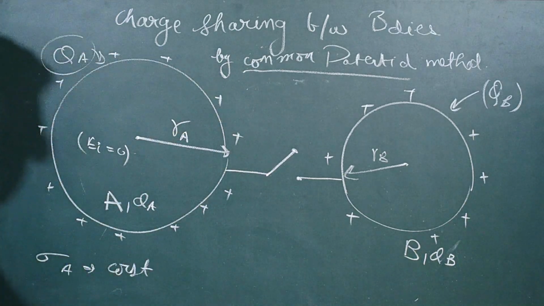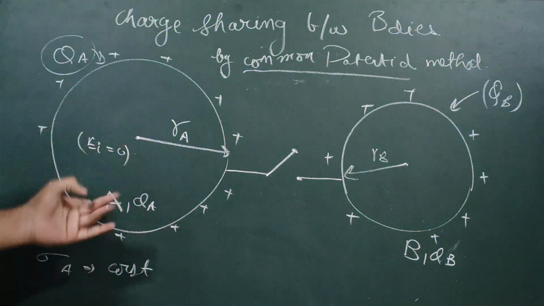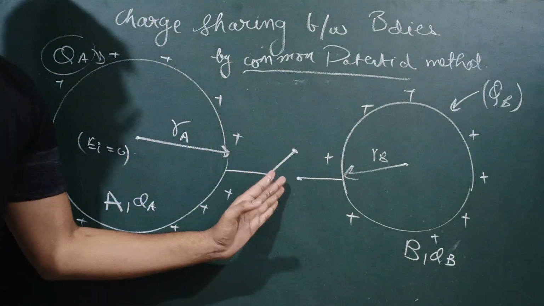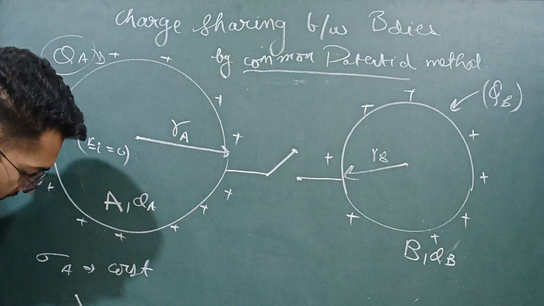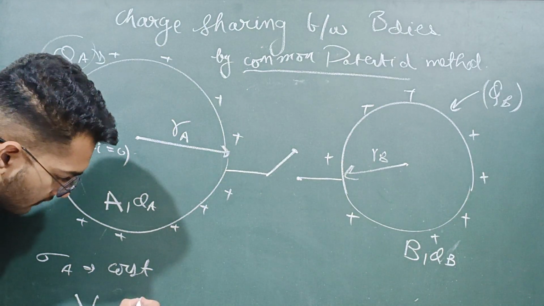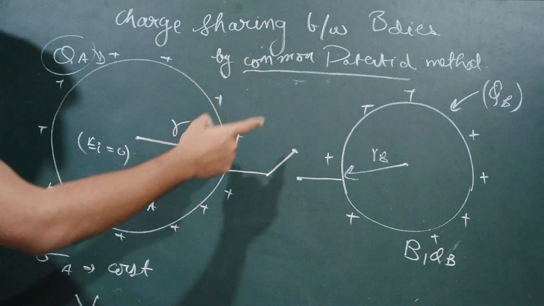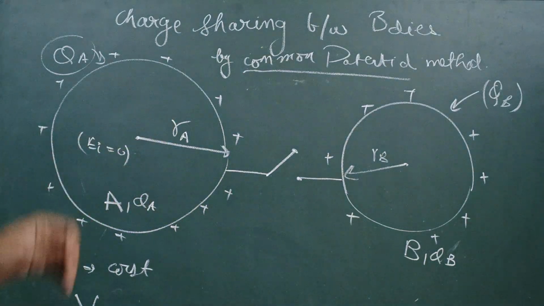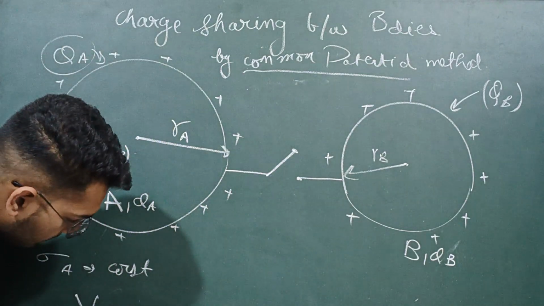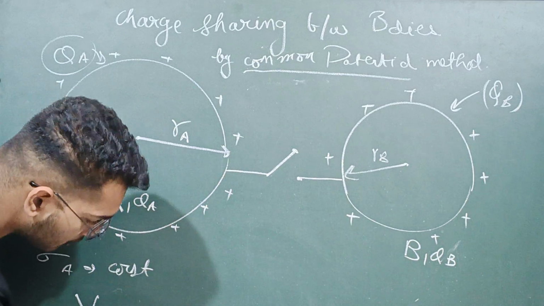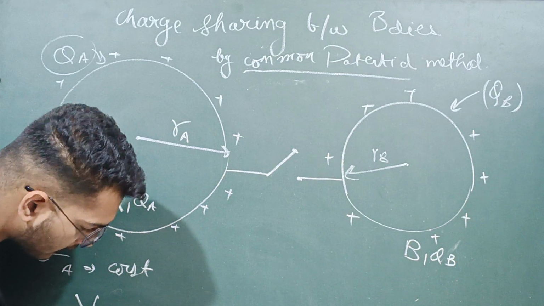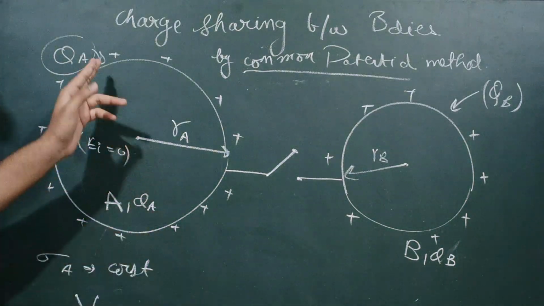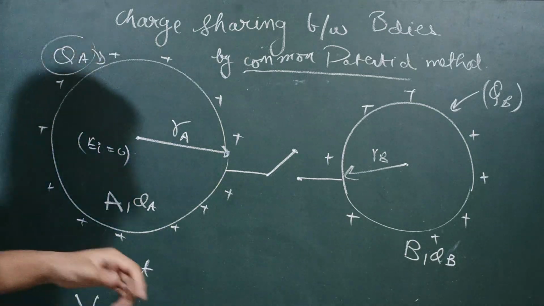And if I ask you what is the potential of sphere A on its surface when the switch is open, you're going to say VA equals the potential at infinity minus the potential at the surface. So it's just going to be KQA by RA, because the charge given to the sphere is QA and the radius is RA.